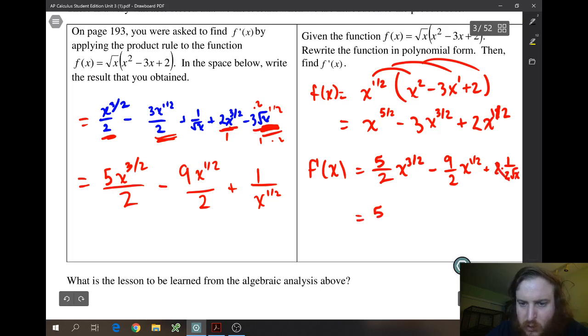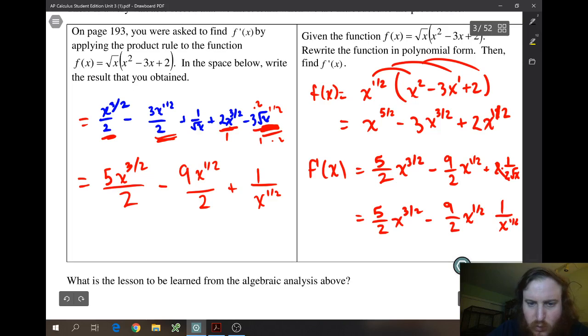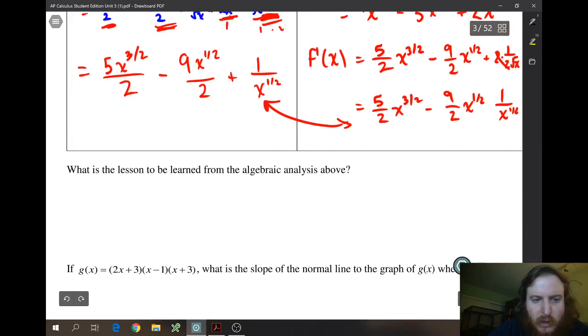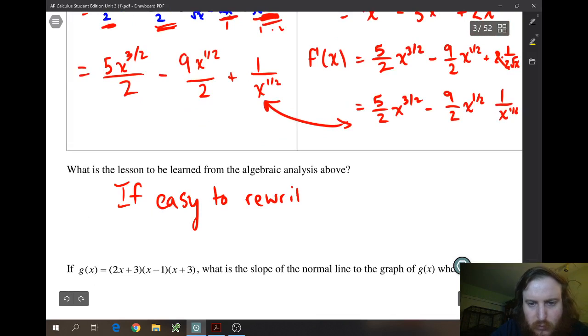So we end up very quickly with 5 halves, x to the 3 halves, minus 9 halves, x to the half, plus 1 over square root of x, or x to the half. And we notice these are the same thing. So our lesson is that if it's easy to rewrite as a polynomial, then our algebra is going to be way, way easier.